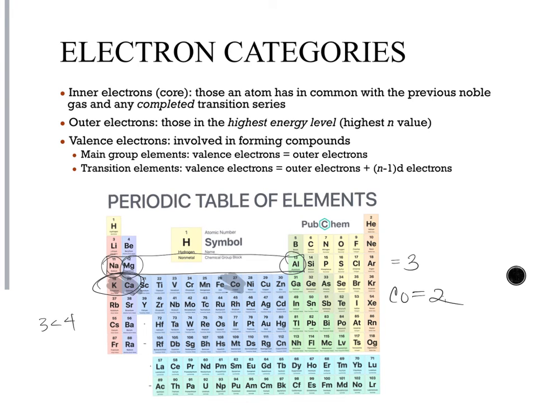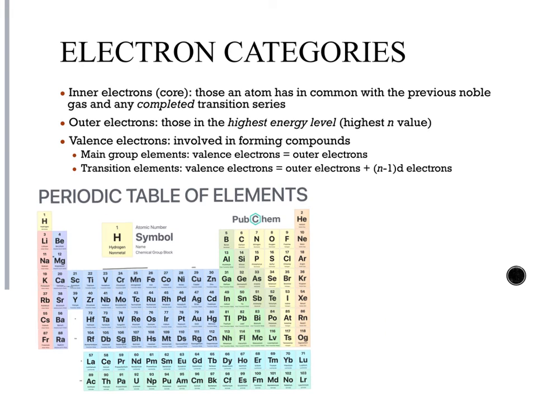All right, last category is valence electrons, and these ones are a little trickier. For main group elements, it's very, very simple. Any main group element has a number of valence electrons that's equal to its outer electrons. Also, remember the little trick from a couple slides ago, it's equal to its main group number. So for any main group element, electrons that are not in the transition series, essentially, all you have to do is look at the group number that it resides in, and that gives you the number of valence electrons.